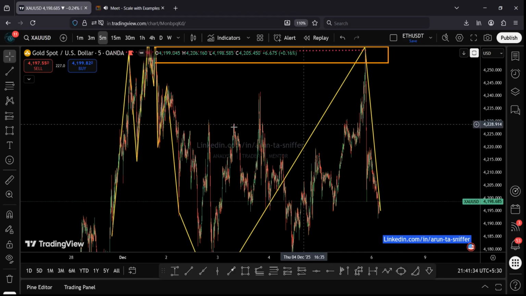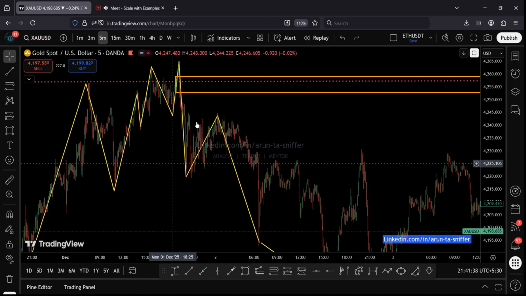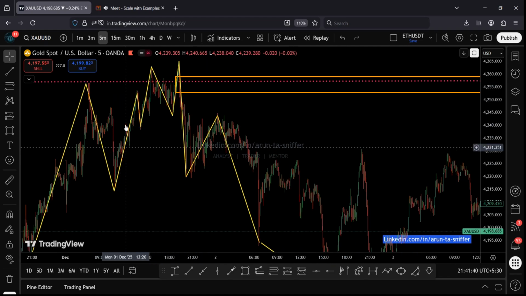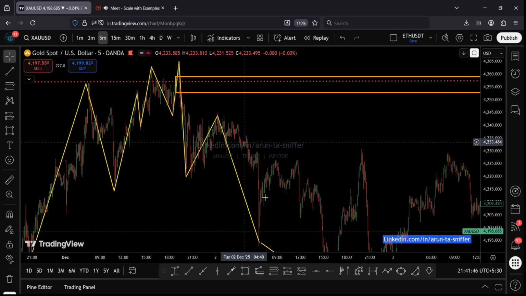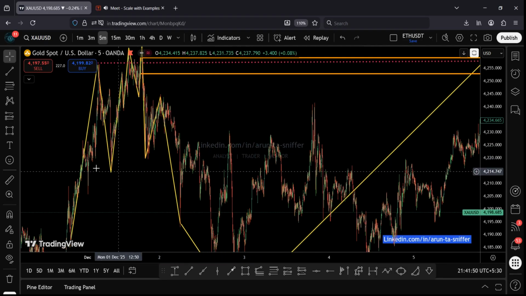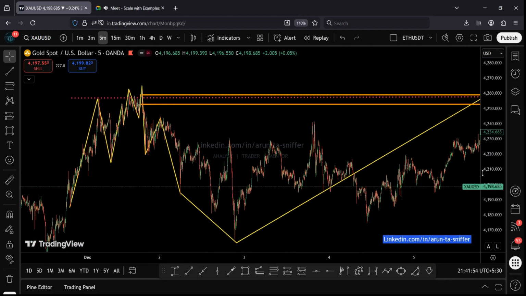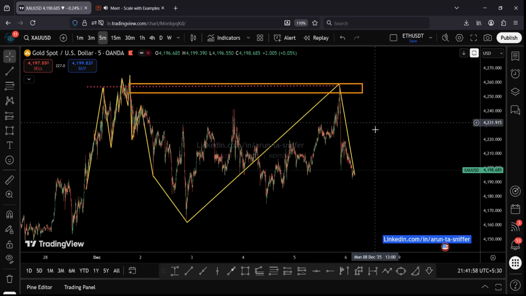Before that, on a smaller scale, it was reacting from these small pullbacks. Price goes up, reacts, goes up, reacts, goes up, reacts. So these were at a smaller scale, but once price crossed this low, it goes back up and reacts at a higher scale.